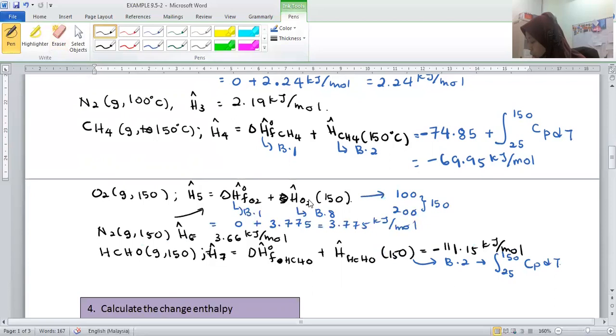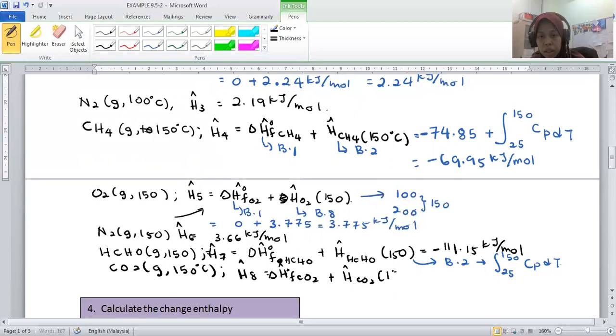So similar calculation for the carbon dioxide. Carbon dioxide gas also at 150 degrees C, H8. You need to find the formation for the carbon dioxide plus the H for the carbon dioxide at 150 degrees C. And then the last one is water, H2O, in vapor at 150 degrees C, H9.